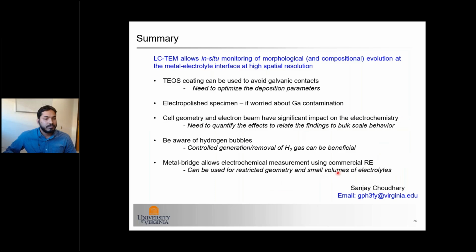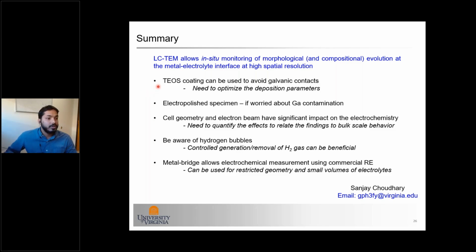So let me quickly summarize whatever I was discussing today. So yes, TEOS coating can be used to avoid galvanic contact. But what we have realized is that there is still more work to do in that regard as well, in optimizing the deposition parameters for better insulation.